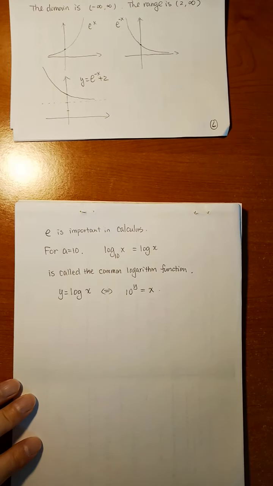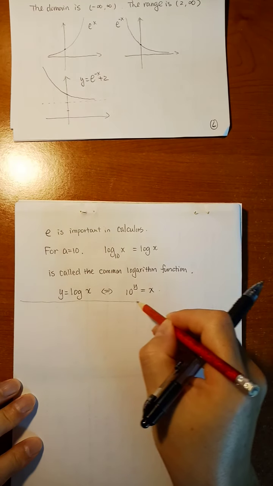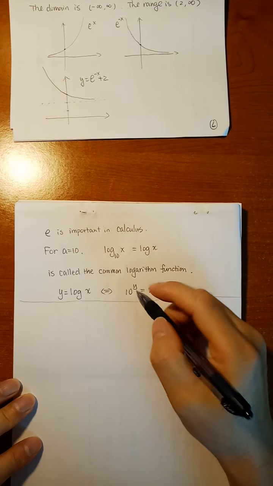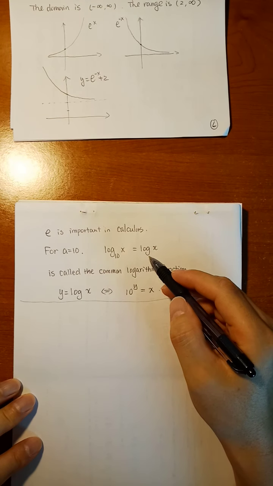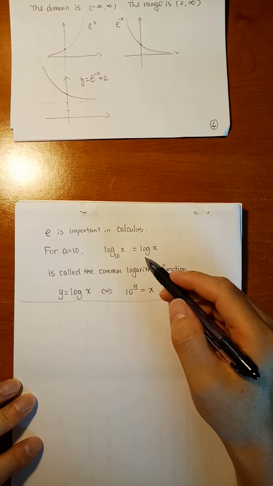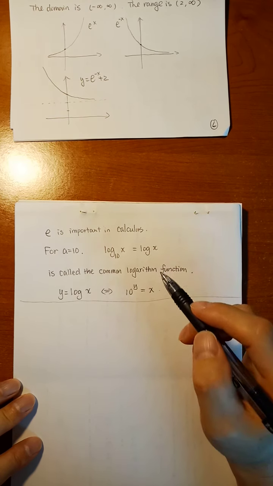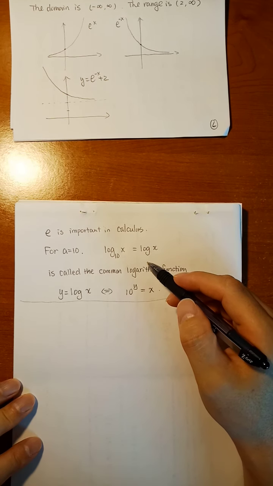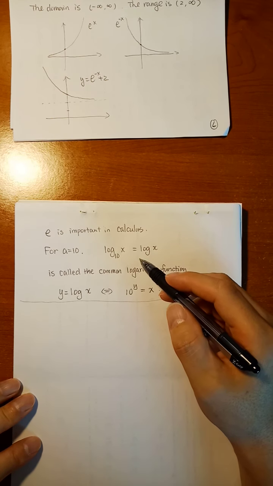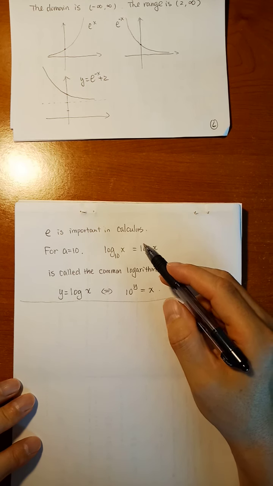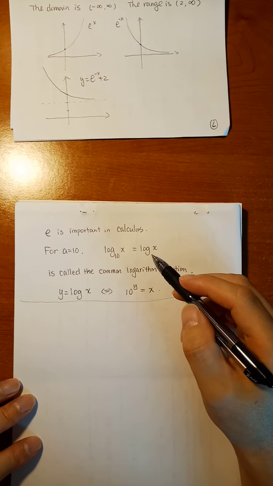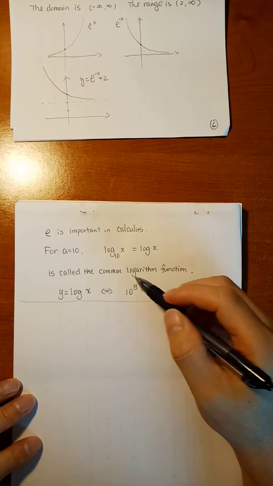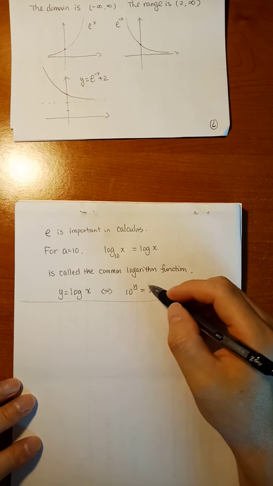I have to make it clear. This symbol possibly will change if you change your textbook, so be careful about the notation. This notation may have different meaning or different expression. So when you have this common logarithm function, pay more attention to the symbols.